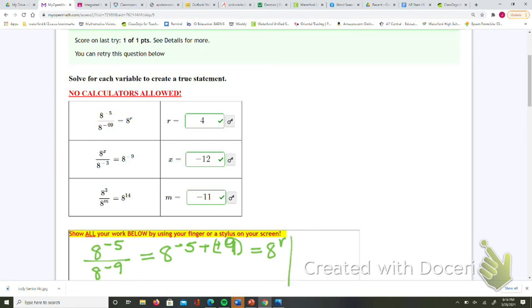So r has to equal negative 5 plus 9. So r equals 4. I don't know how I did that, you guys. I'm very sorry about that. So I messed up because I didn't do minus negative. So now you've got it right. So r equals 4. Okay.